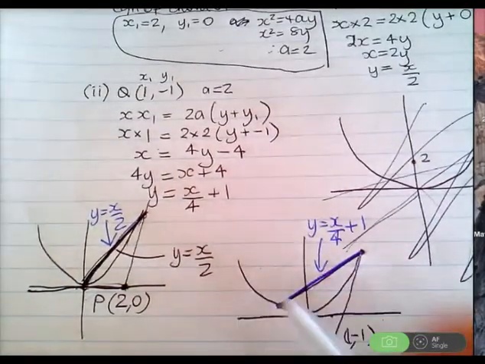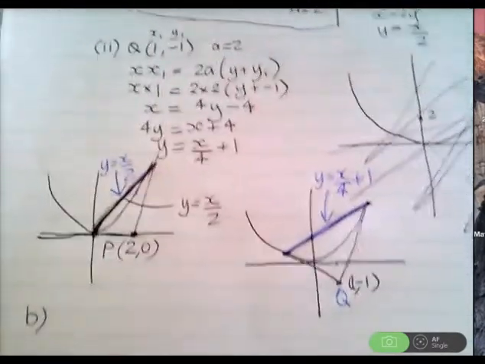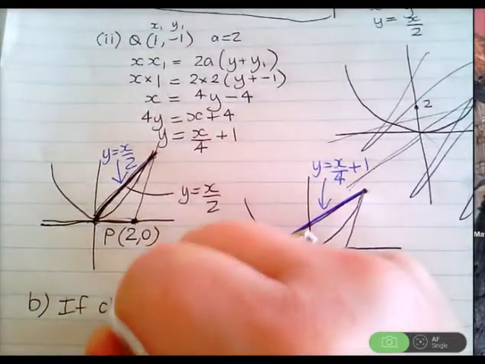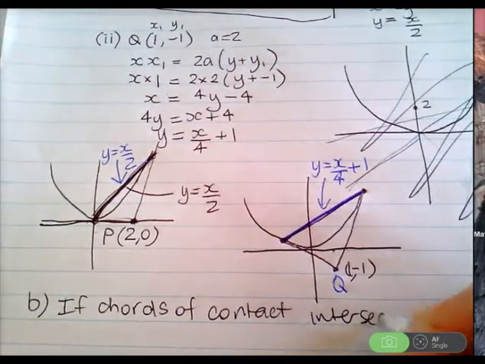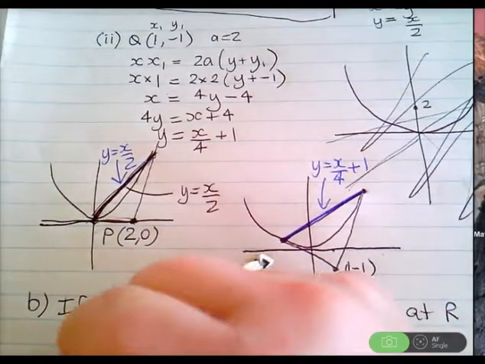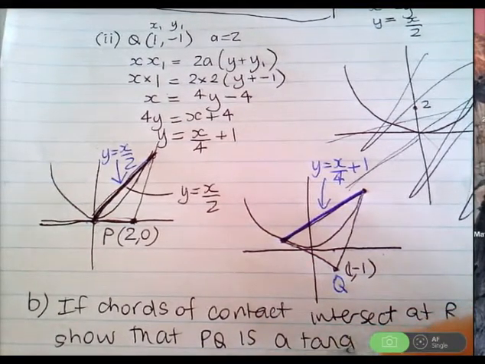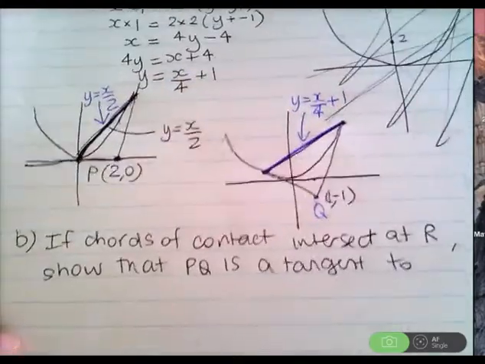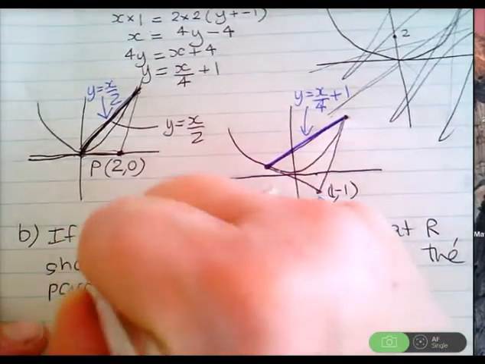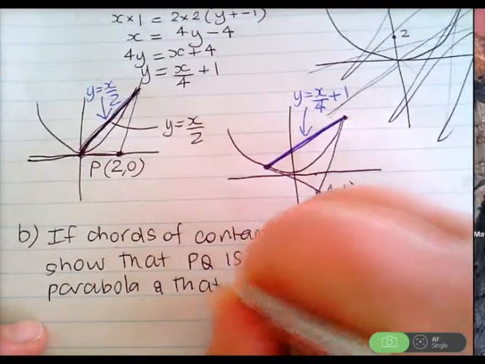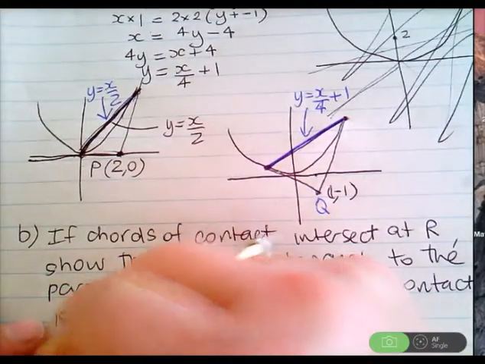Now, they're your two equations, and part B says that if the chords of contact intersect at R, and I haven't drawn them on one diagram, show that PQ is a tangent to the parabola and that its point of contact is R.